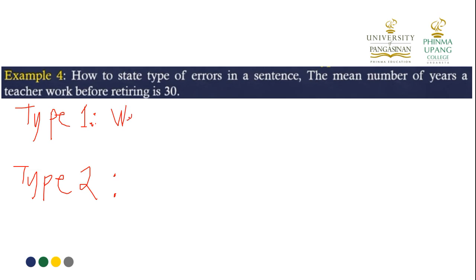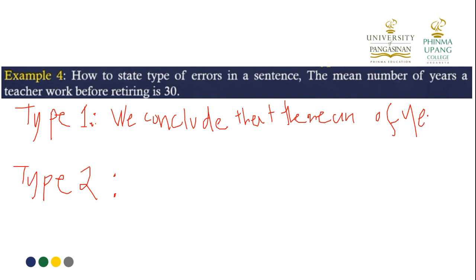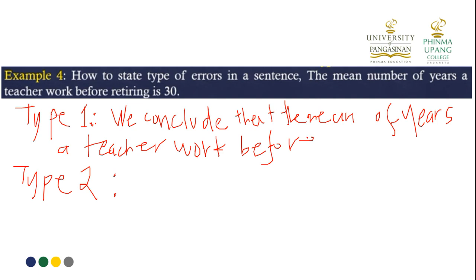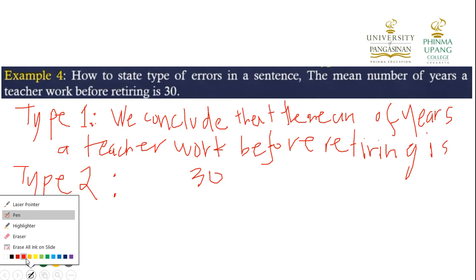I-start nyo siya sa: We conclude that the mean of years a teacher work before retiring is 30. Gaya nyo lang yan nandyan sa question.